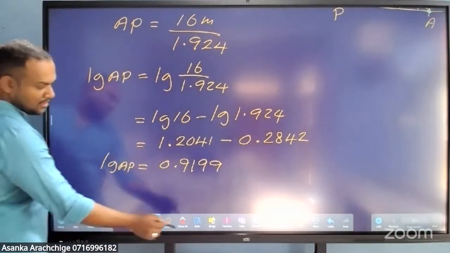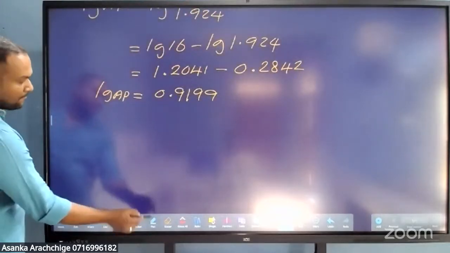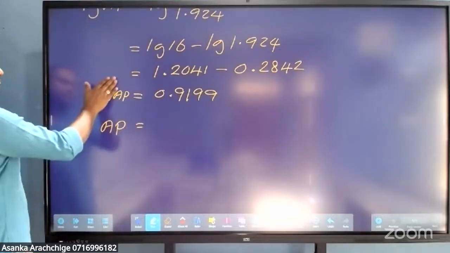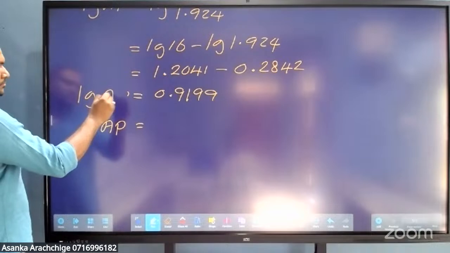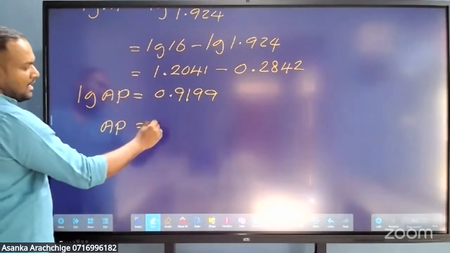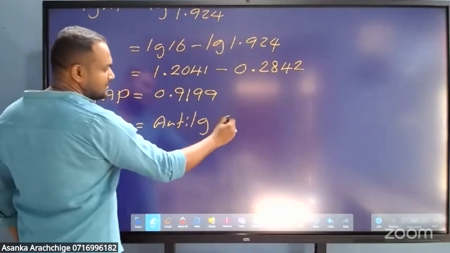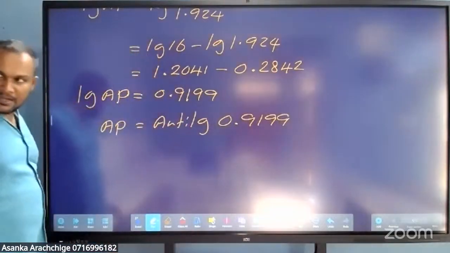This is log AB. Therefore, AP must be the anti-logarithm of 0.9199. Am I correct so far?